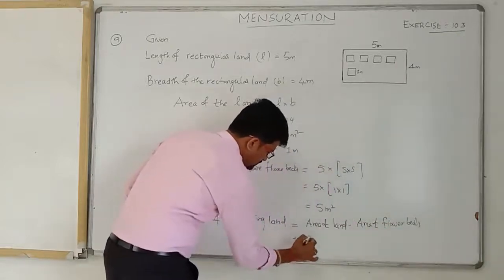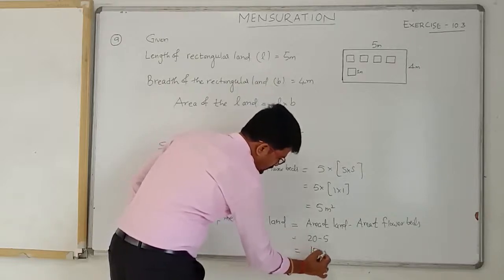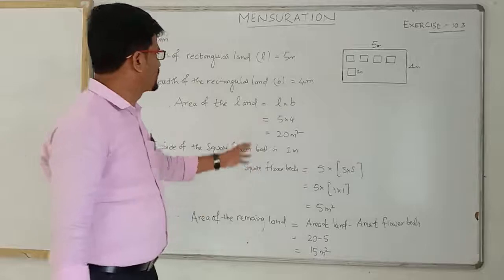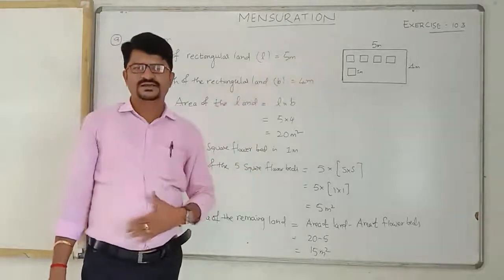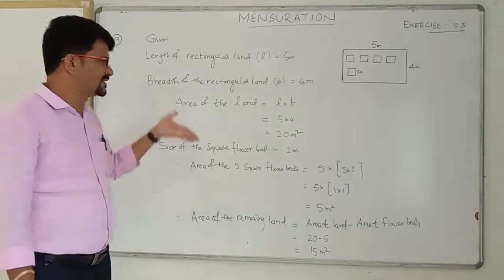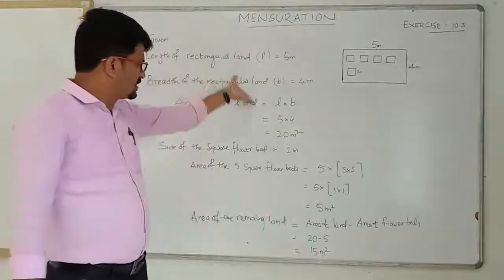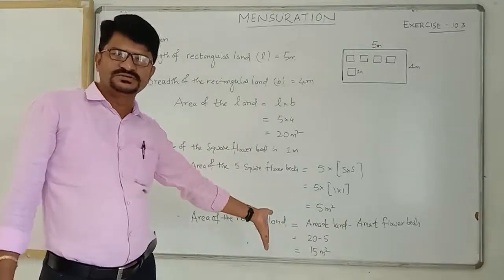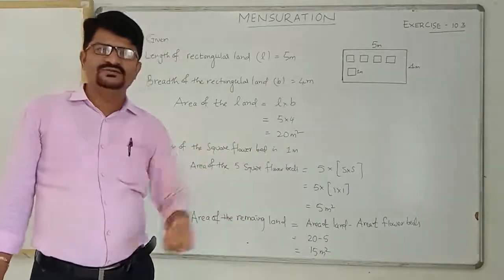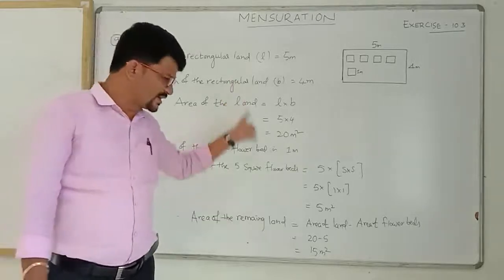That implies 20 minus 5, that implies 15 square meters of the land is remaining. Clear, children? Is it clear, everybody? Right. One thing, children, whatever problems I am explaining, like these large problems, you need to do again in your rough notebook or any other book. Okay? Now write it all up.